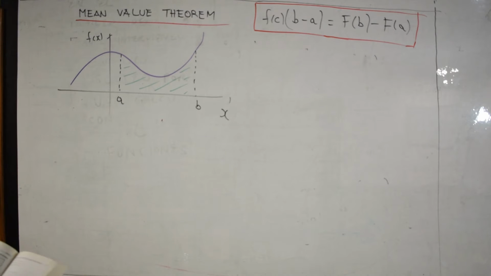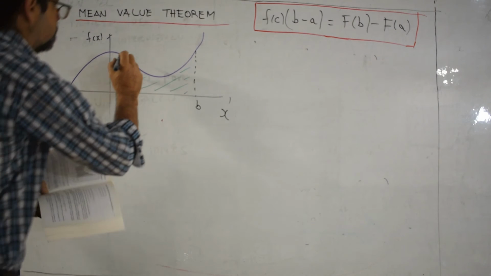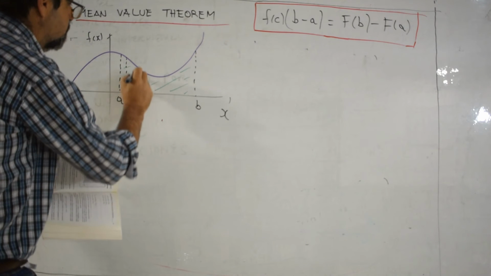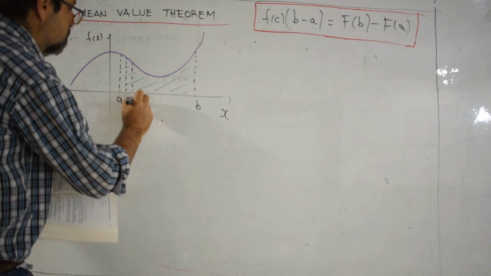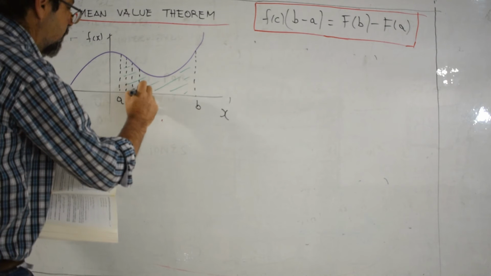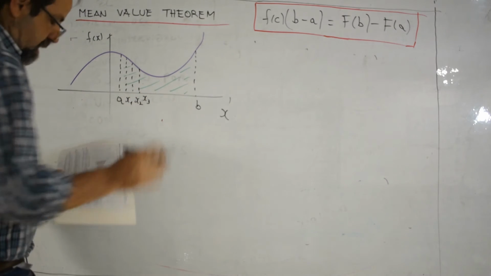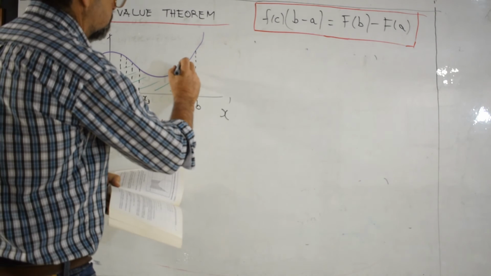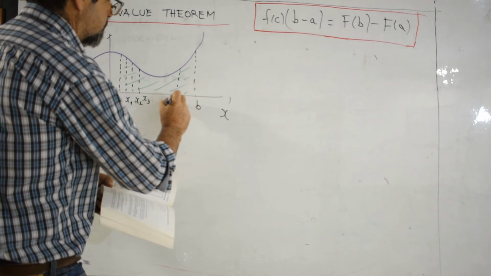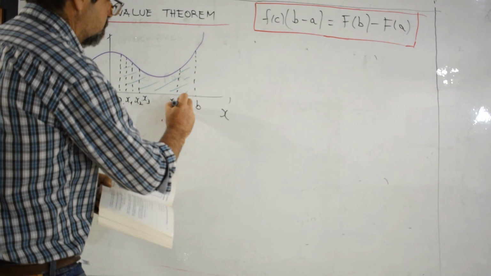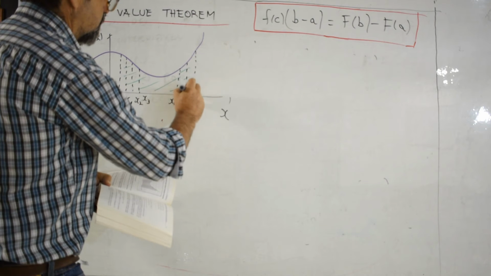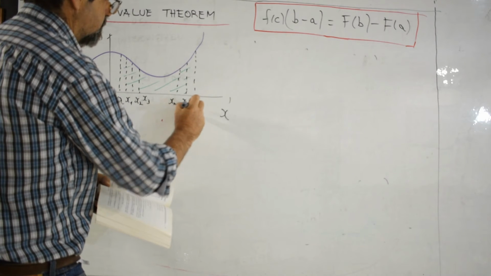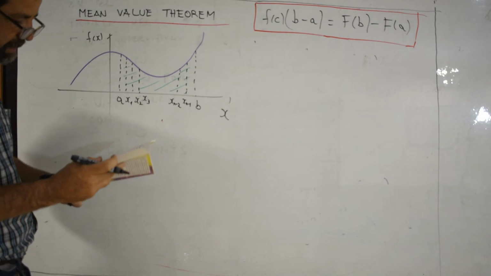And so we can put here x1, x2, x3, and then we arrive at x n minus 2, x n minus 1, and there we have b.